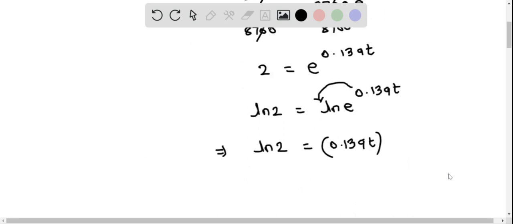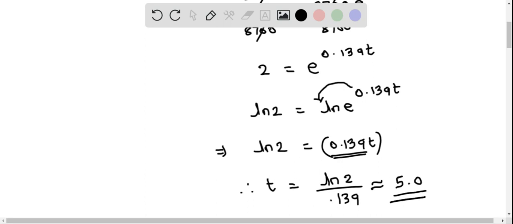And now to determine the value of t, we divide both sides by 0.139. So rearranging for t, we get t equals natural logarithm of 2 divided by 0.139. And when we plug this into the calculator and round to one decimal place, we approximately get 5.0.